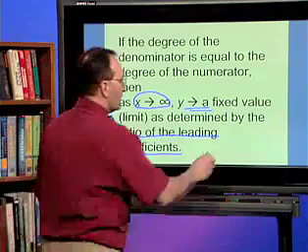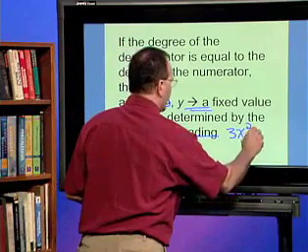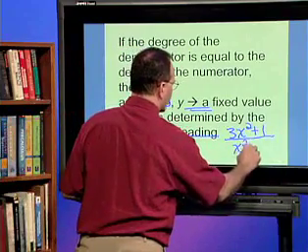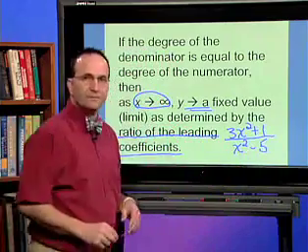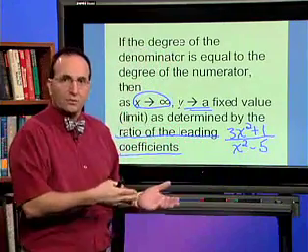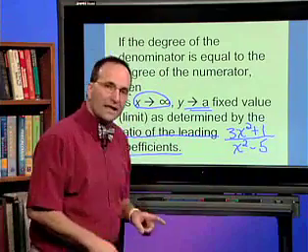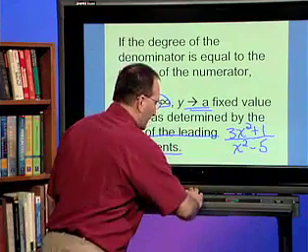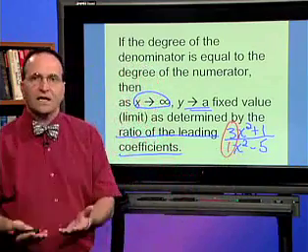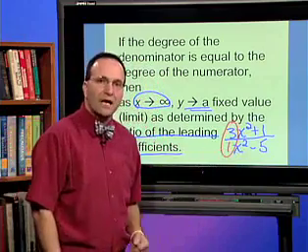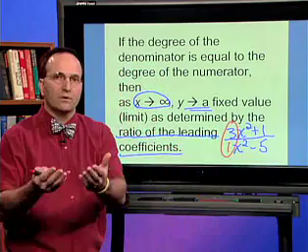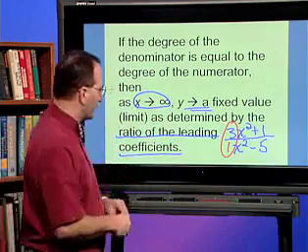So for example, if we had 3x squared plus 1 over x squared minus 5, what I'm saying to you is the degrees are equal. They're both x squared, so the degrees are 2. And in that case, we'd look at the ratio of the coefficients. There's an understood 1 in front of the x squared in the denominator. So that would be approaching a horizontal asymptote, approaching a limit of 3.